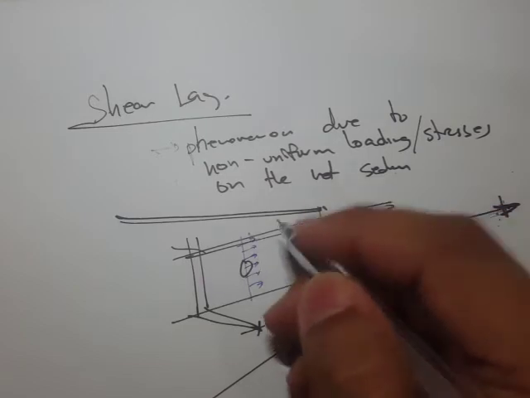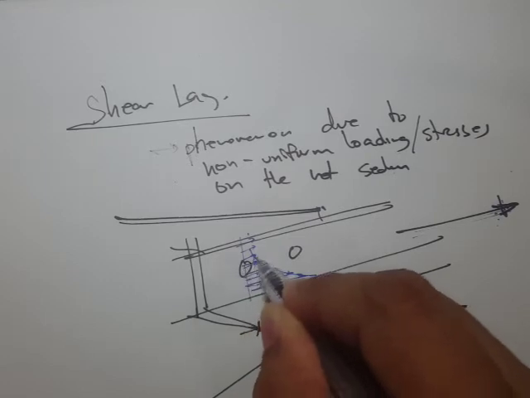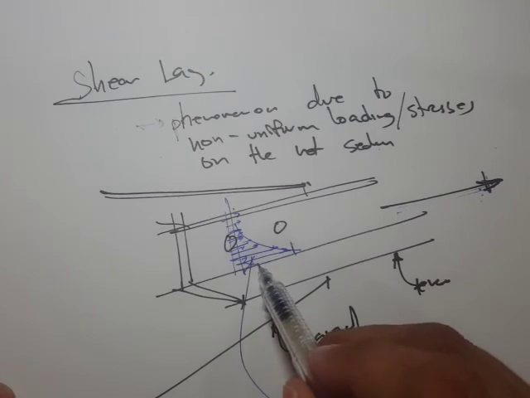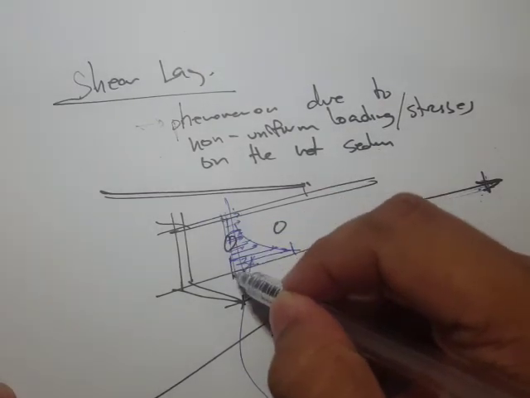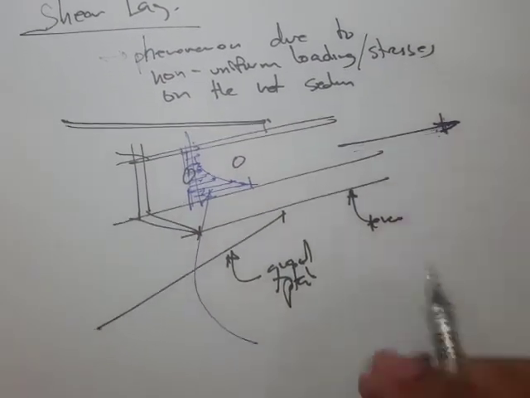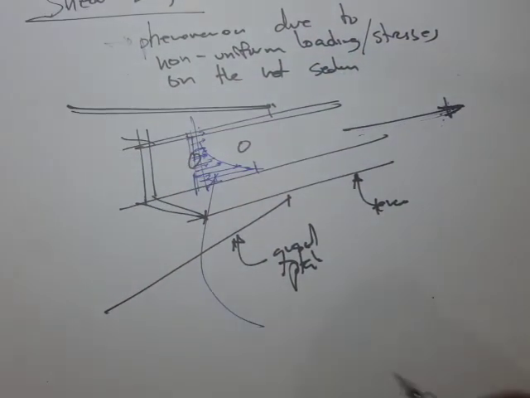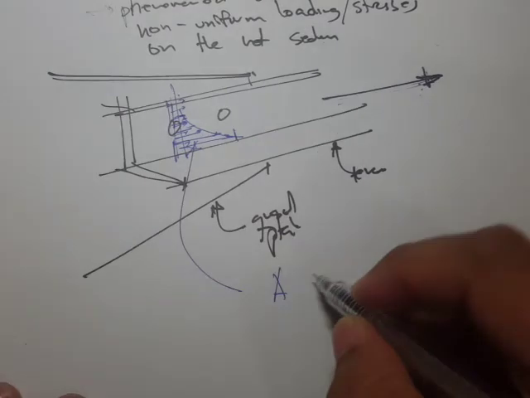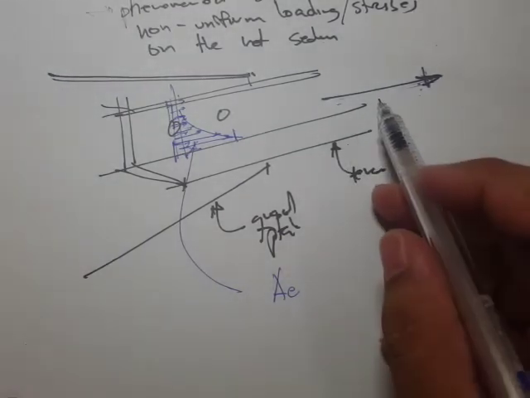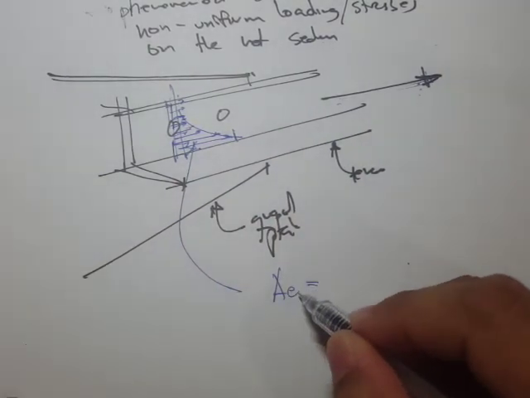So if it fractures here, it's probably because the computed area that we have here is not actually the area that experiences the loading. Because of that, there will be a parameter to take into account this shear lag phenomenon that will produce an effective area.